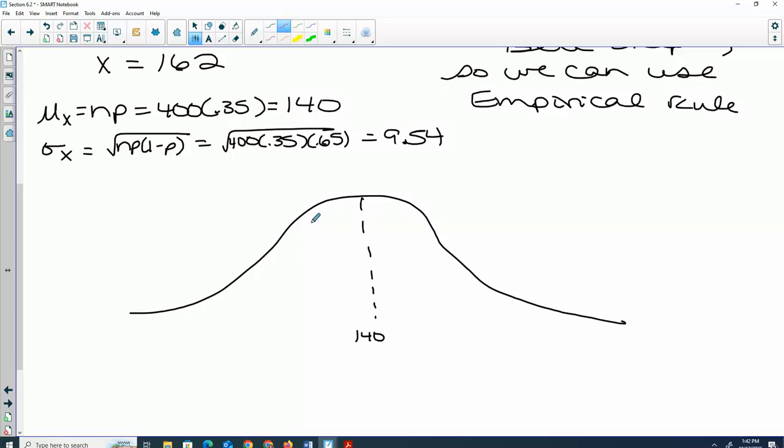So if I wanted 1 standard deviation from the mean, I have to do the mean plus and minus 9.54.